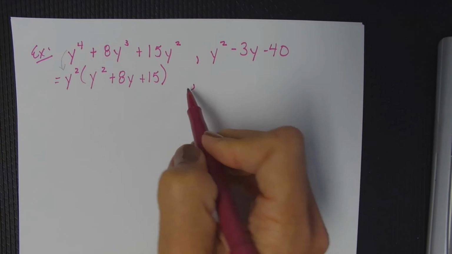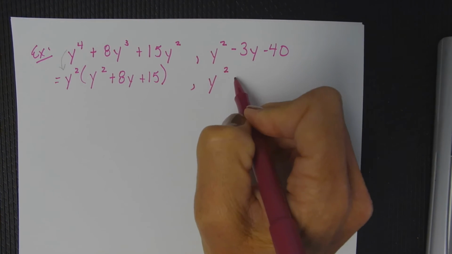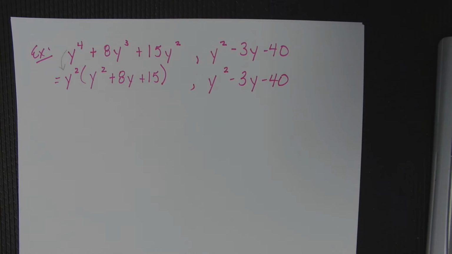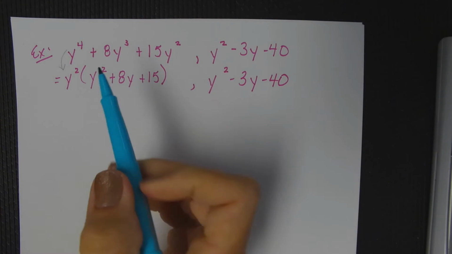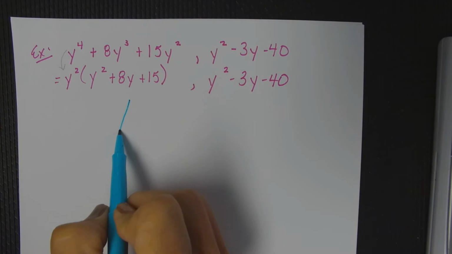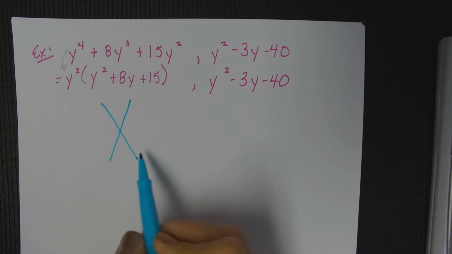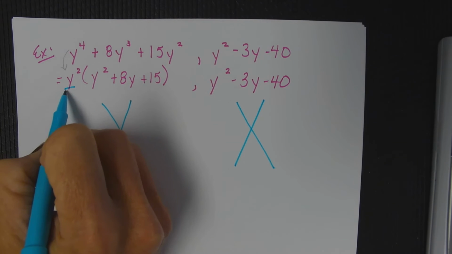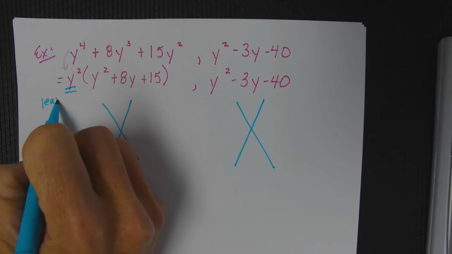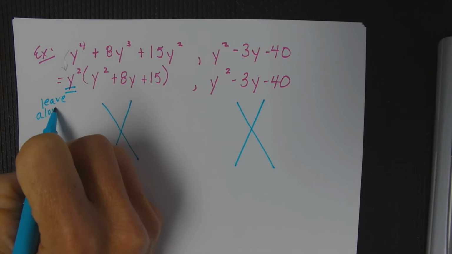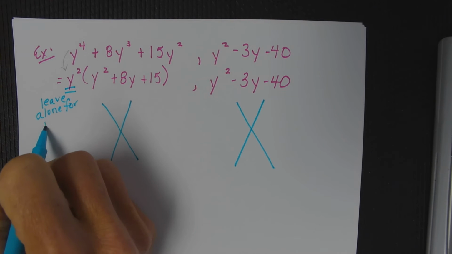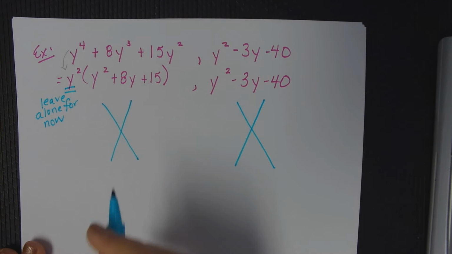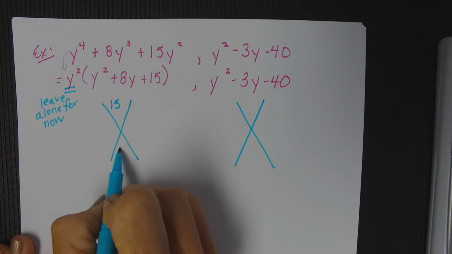And then this one is just normal, so I'm just going to rewrite it. Now, this one looks factorable, right? Go ahead and do the x method for both of these. Leave this y squared alone for now. I'm going to write leave alone for now. So you need factors of 15 that add up to 8. 5 and 3.